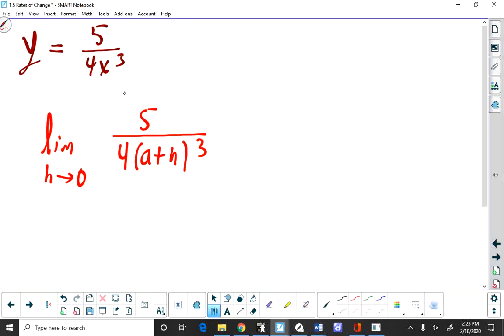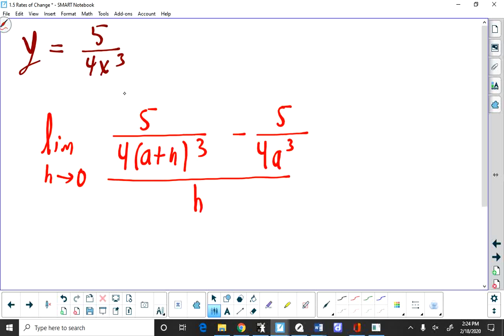But we may have to. We might be able to avoid it, weasel and maneuver our way around that idea, but we might not be able to. Minus that all over h. And again, that a tomorrow is going to become x, and I almost wrote x instead. It really doesn't matter, does it?